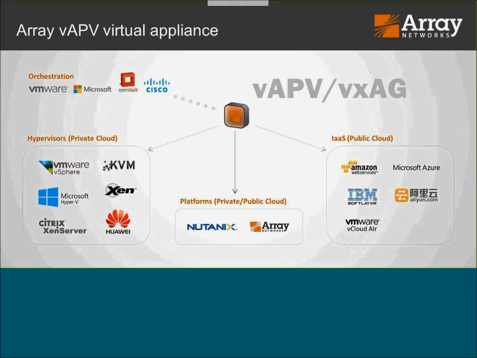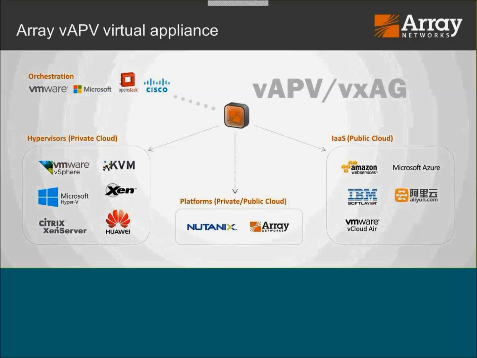I mentioned that they're available in SoftLayer, that everything SoftLayer runs is run by the Array product, but you can also buy it as a branded Array product in the AWS market, Azure, VMware vCloud Air, any of these public cloud environments.